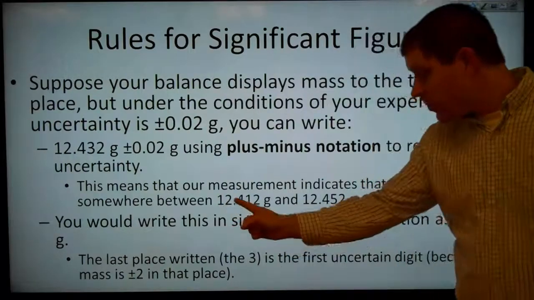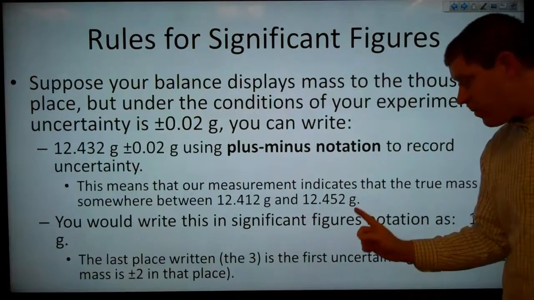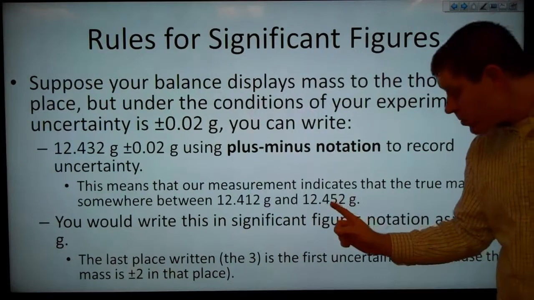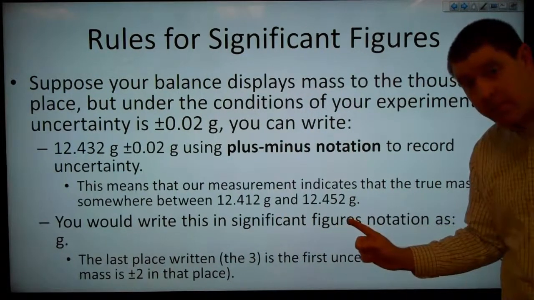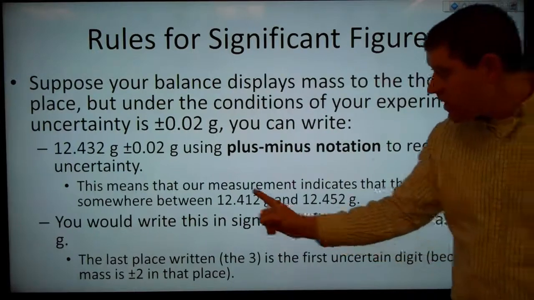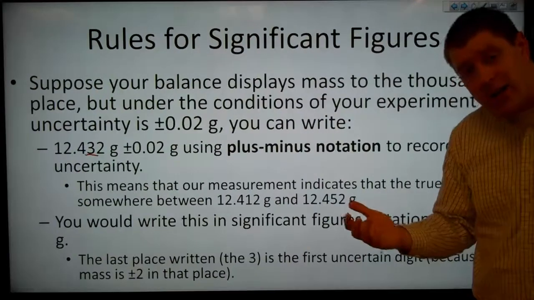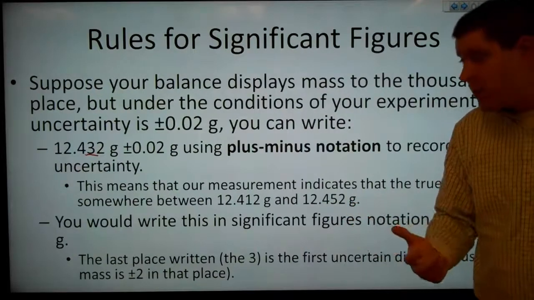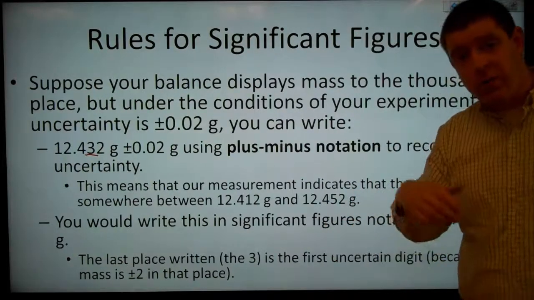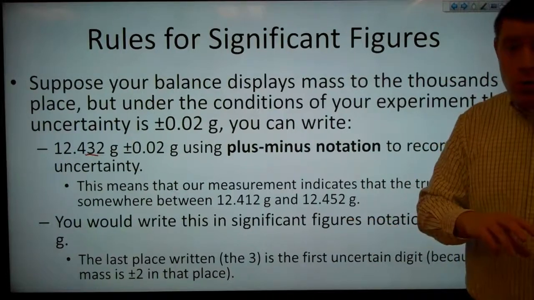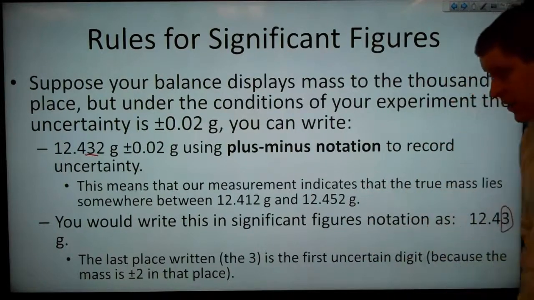We really know that it's somewhere between 12.41 and 12.45, which means we don't know that that 3 is right. We think that it's close, but we're not sure. Maybe it's 12.44, or 12.45, or 12.42. So that 3 is our uncertain digit there.